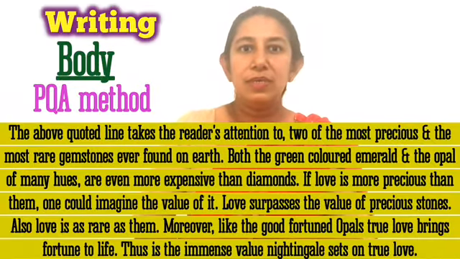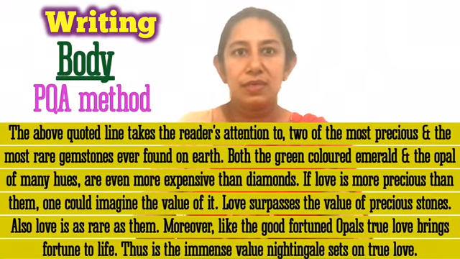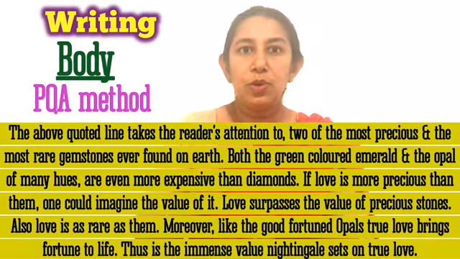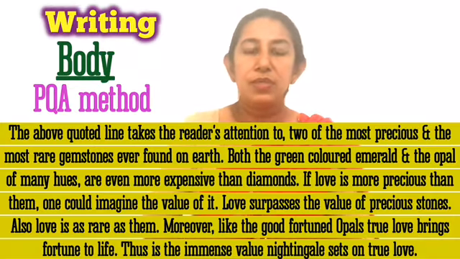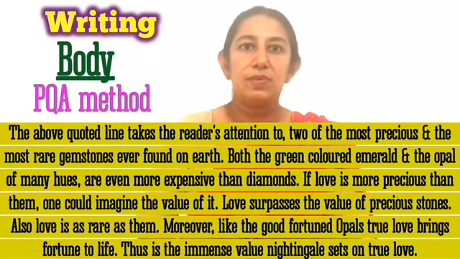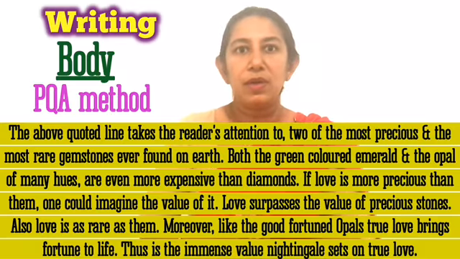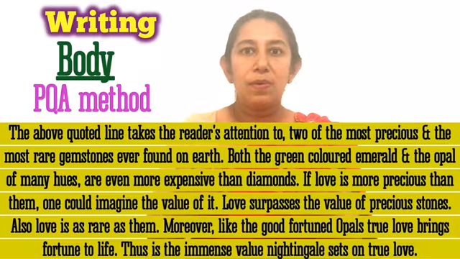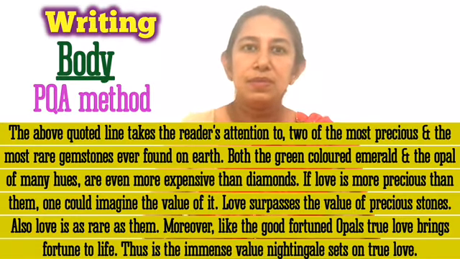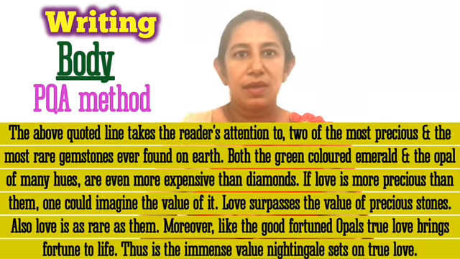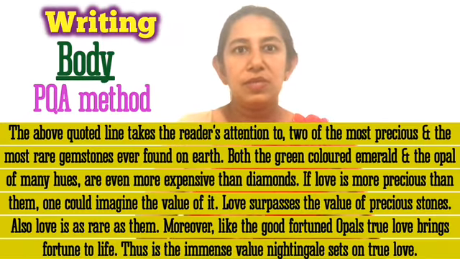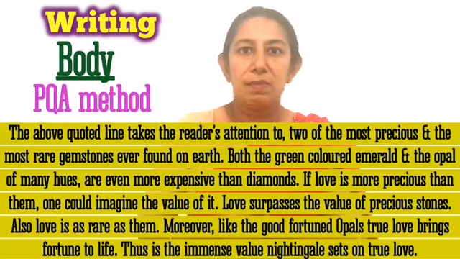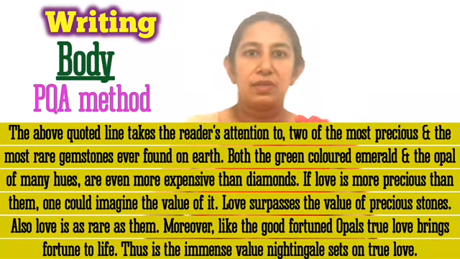An example: The above quoted line takes the reader's attention to two of the most precious and rarest gemstones ever found on earth. The green colored emerald and the opal of many hues are even more expensive than diamonds. If love is more precious than them, one could imagine the value of it.